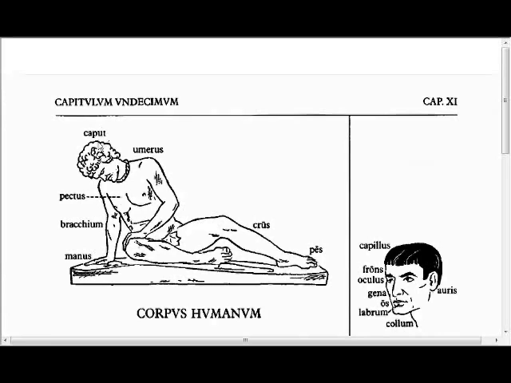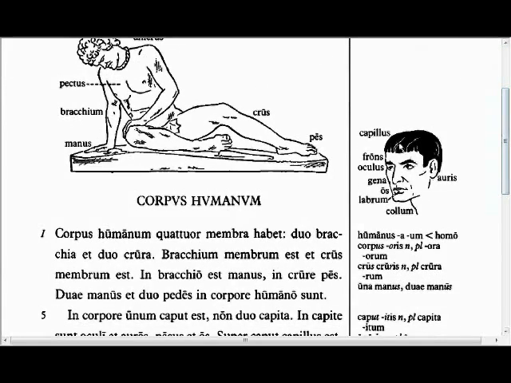And we're back to caput, capitis. So looking at the parts of the head, we have capillus, hair. That's second declension masculine. Auris, ear, which is feminine, and follows the sox rule.